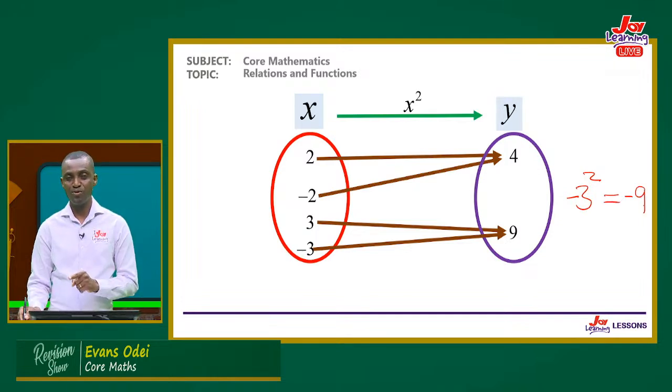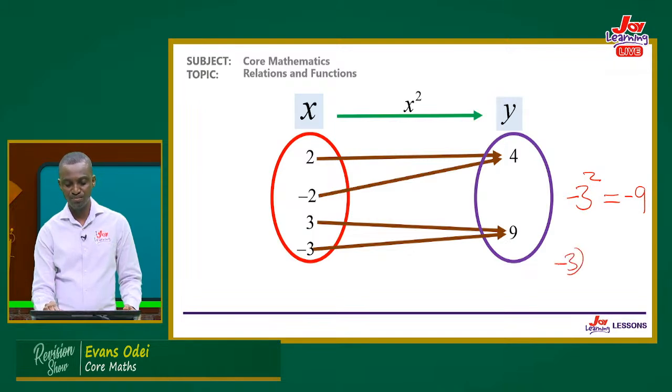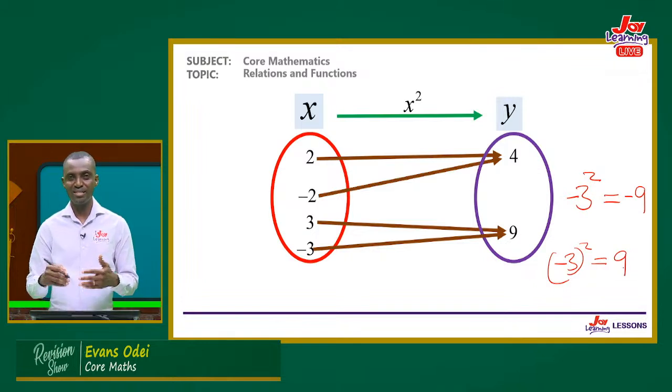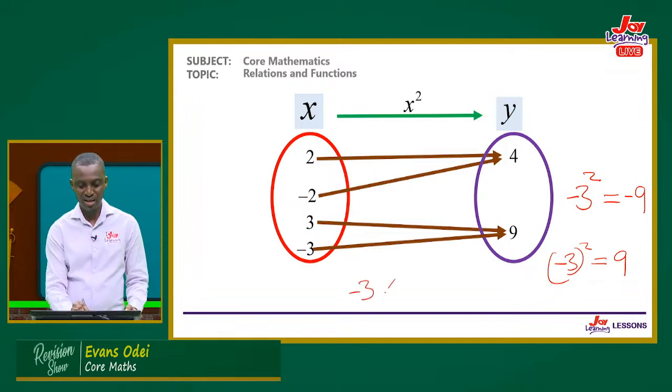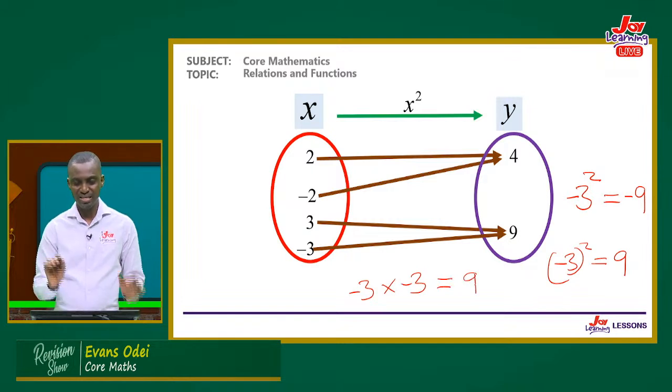Which means negative 3 squared written this way will give you negative 9. And that is very true. But if you put it in brackets, then you get positive 9. So be careful when you are writing negative 3 squared or negative 4 squared or a negative number squared. Make sure if you want the two numbers, negative 3 times negative 3, that will give us positive 9.